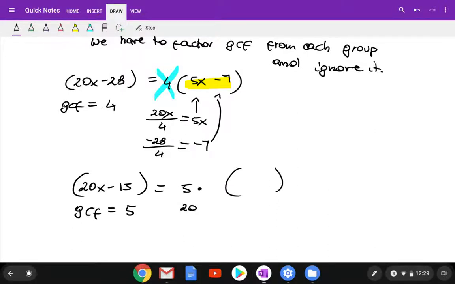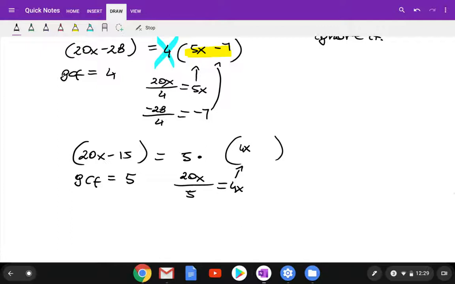Take original 20x divided by GCF, you end up with 4x. So that's what goes inside of the parenthesis. Take original negative 15, divide by GCF, which is 5, and we end up with negative 3. Again, don't forget that we ignore the GCF and we only keep what we have in the parenthesis.